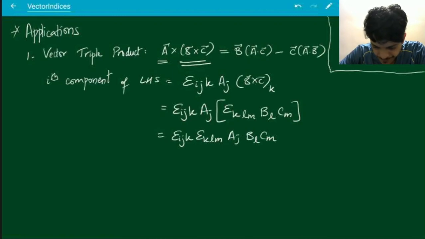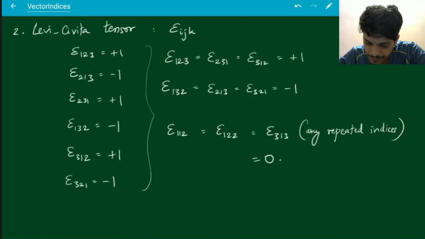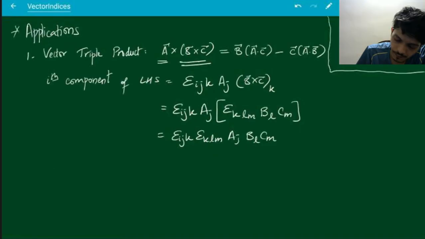Now remember that from the properties of this Levi-Civita symbol in 3 dimensions, you can do a cyclic rotation and keep epsilon the same, or you can do an anti-cyclic rotation and change its sign. So over here, this first one, I'll just rotate it cyclically. Instead of ijk, I'll call it kij. That's a cyclic rotation.